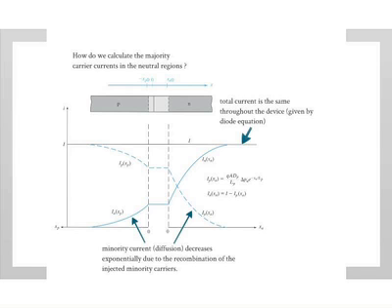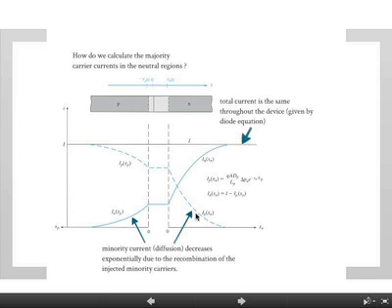Now we know that this is exponential because we solved the diffusion equation and got an exponential decrease. If you take the derivative of an exponential, you get an exponential, so the current must also be an exponential decrease. Pretty simple. On the other side, the same thing for the minority carriers on the N-type, the hole current, should also be an exponential decrease.